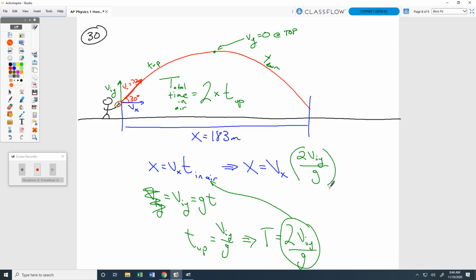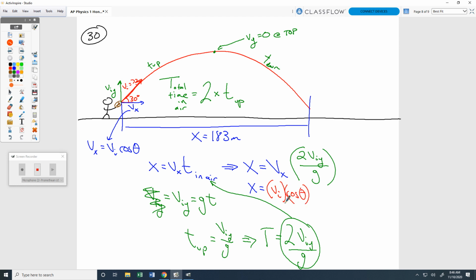Well, then we have to kind of borrow how I actually find things like Vx. Vx is actually your Vi times the cosine of theta. So if I take that and substitute that in here, I'm going to switch it over to red so you can understand that now I'm moving with my red stuff. So this is Vi times the cosine of theta. That's what Vx is.